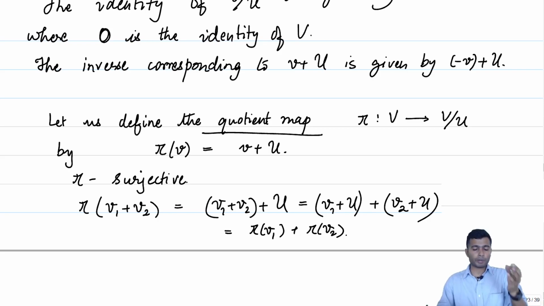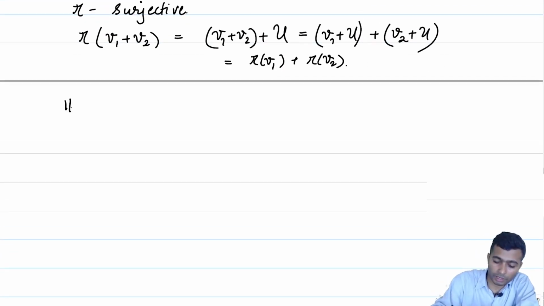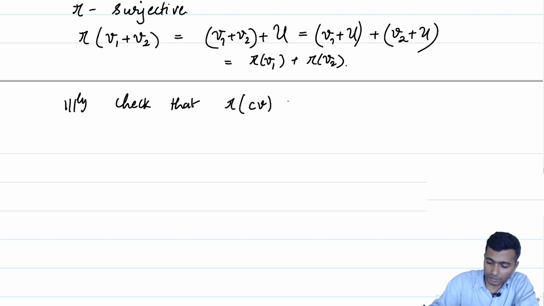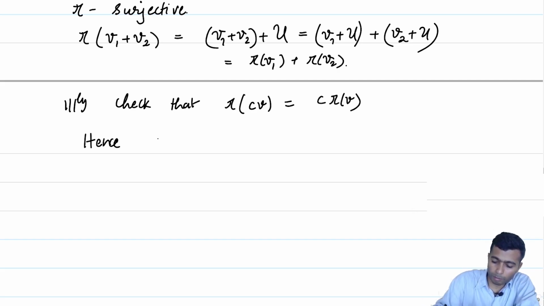Similarly, you can check that pi of c times a small vector v is c times the vector pi of v. Similarly, check that pi of cv is equal to c times pi v. Hence, pi is a linear map.